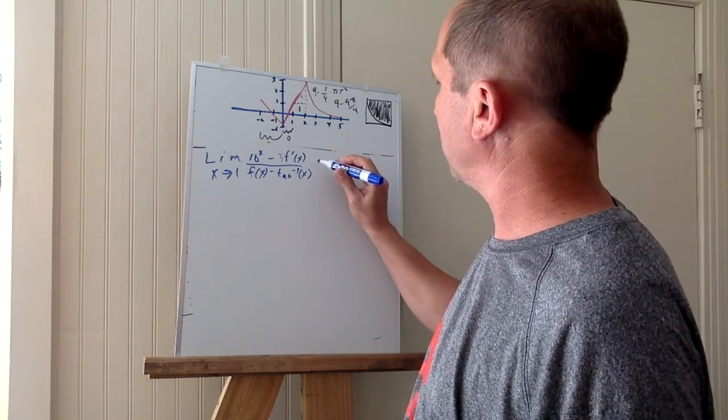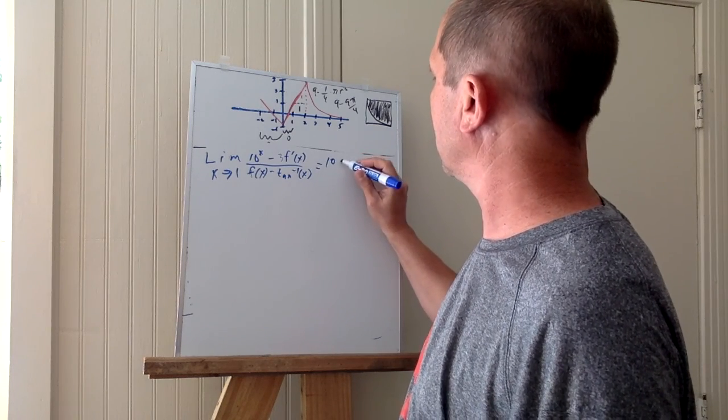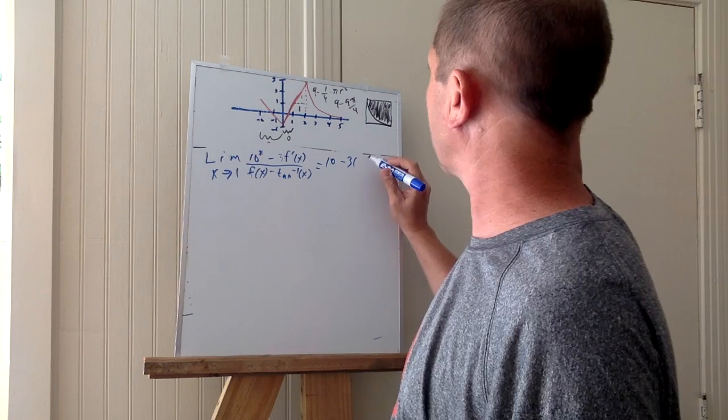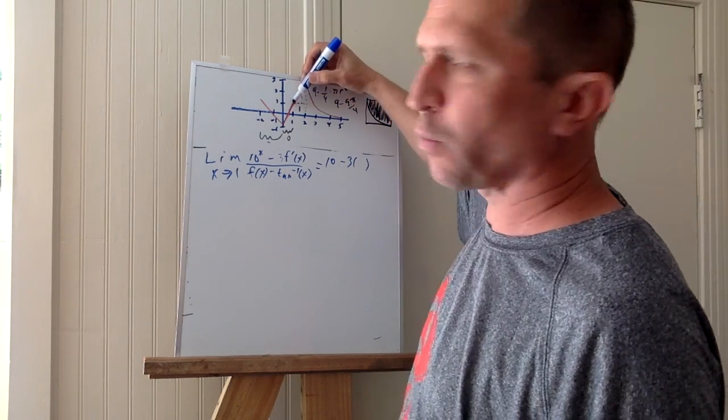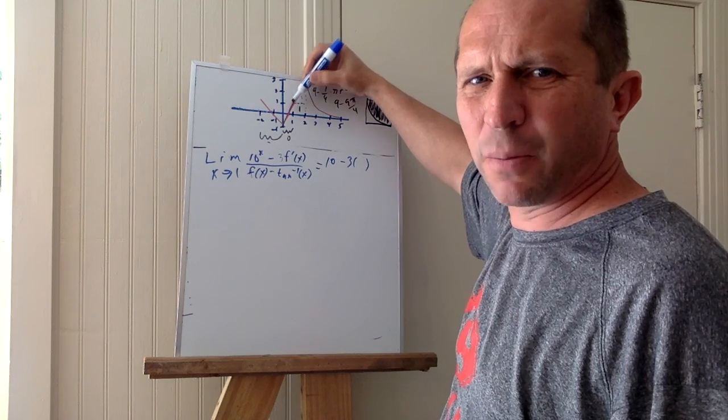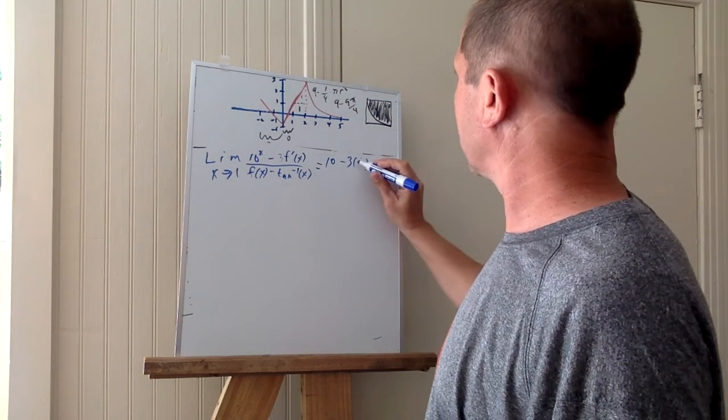Okay? So we get 10 to the first minus 3 times, all right, well, what's f prime of 1? Well, right in here, we're sitting where we have a slope of positive 2. So it's 3 times 2.